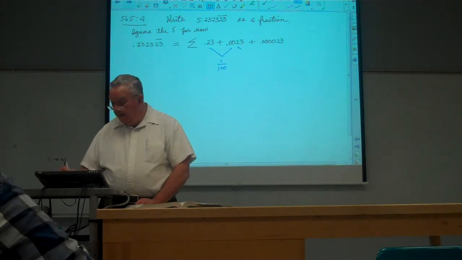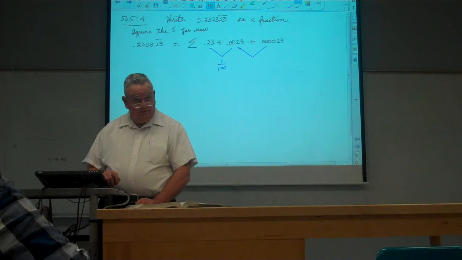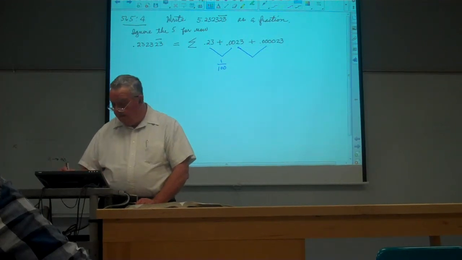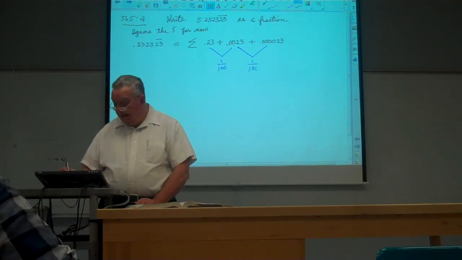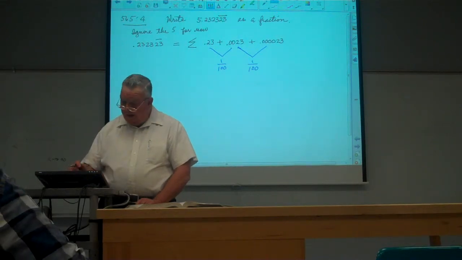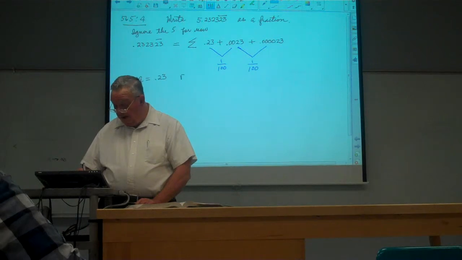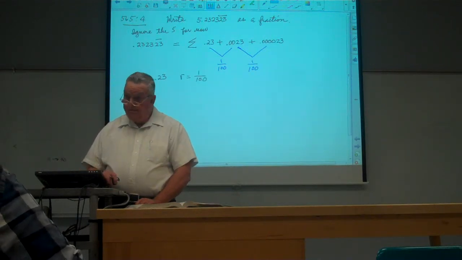What did I do to go from the second one to the third one? Same thing. Isn't that looking like a common ratio to you? So don't I know that a is equal to 0.23, and r is equal to 1/100? Is that true?